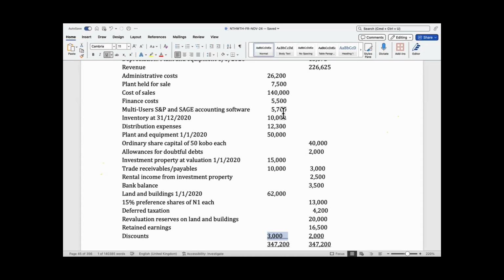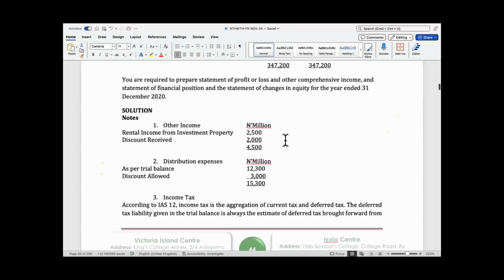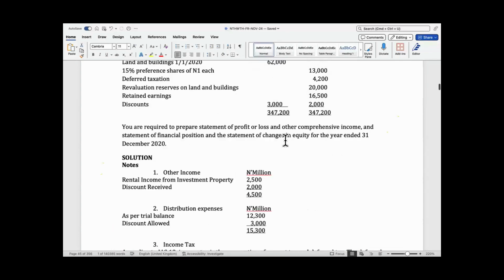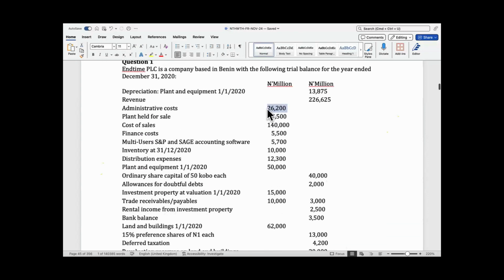So it has to do with sales. You can't disassociate discount allowed from sales and discount received from purchases. If you have not bought or sold, discount will not even come up. Okay, I think you have a superior argument there. So I will go with you. For us, there's nothing to add to our admin.